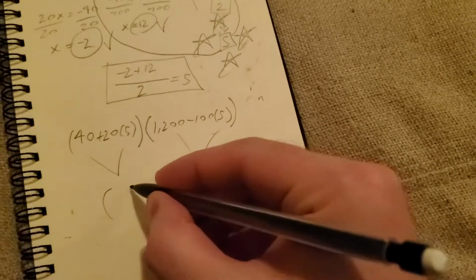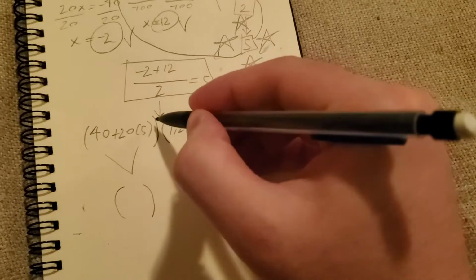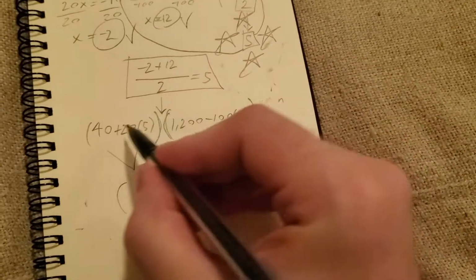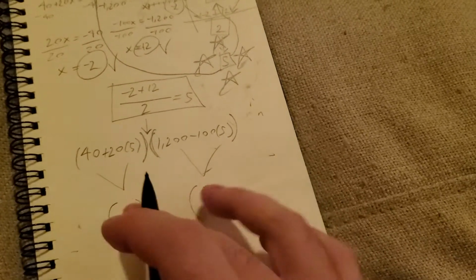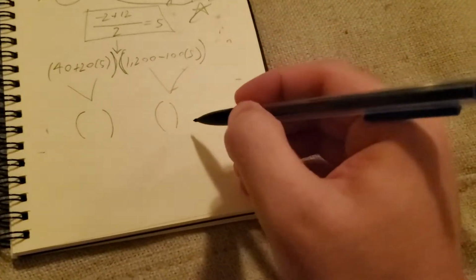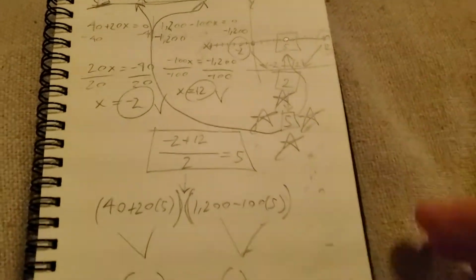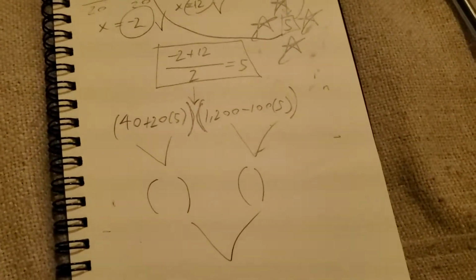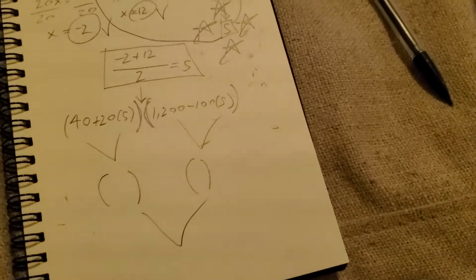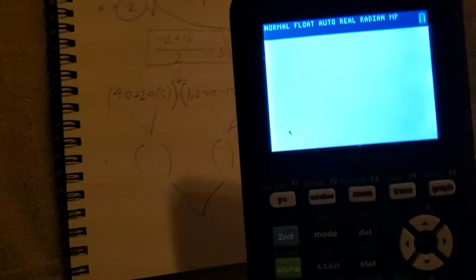You're going to get some value here and some value here, because these two parentheses mean that you're multiplying whatever's in here times this, so we still have two values that we're going to multiply. When you do that, it's going to give you your actual answer as far as where the vertex of this parabola is. So let's go ahead and work it out without the calculator, and then we'll put the whole thing in the calculator after this.